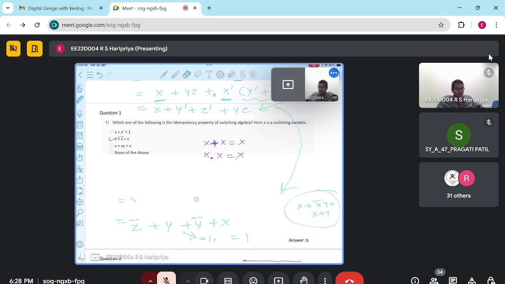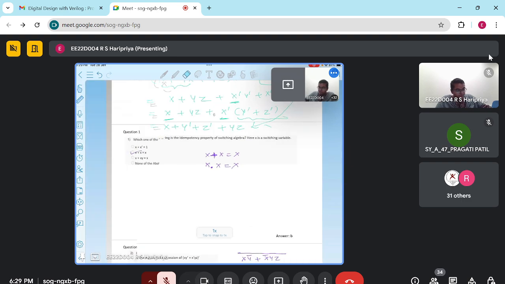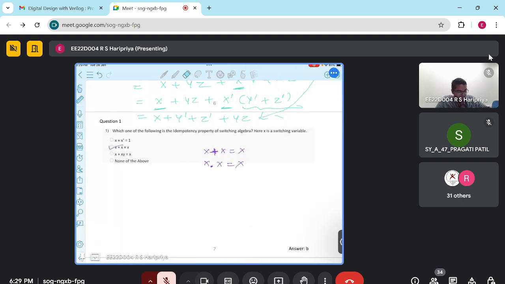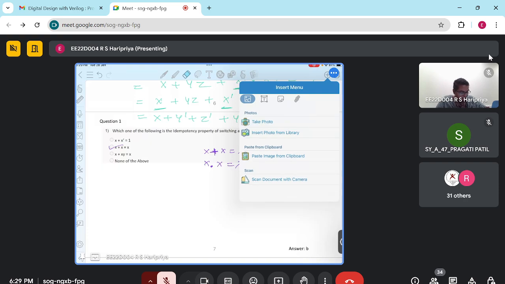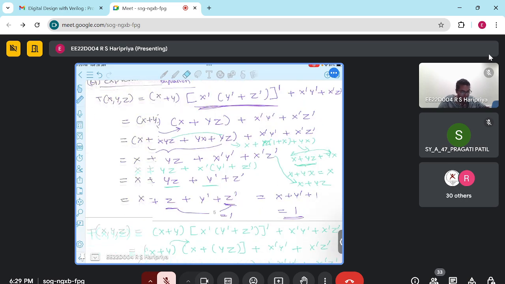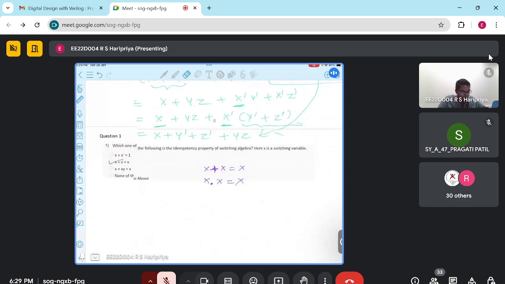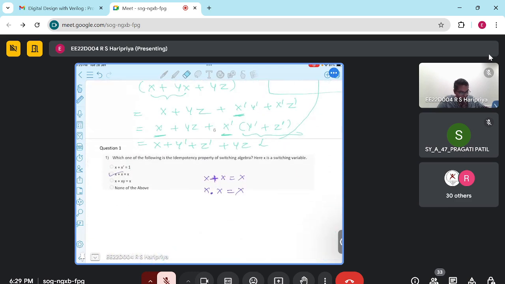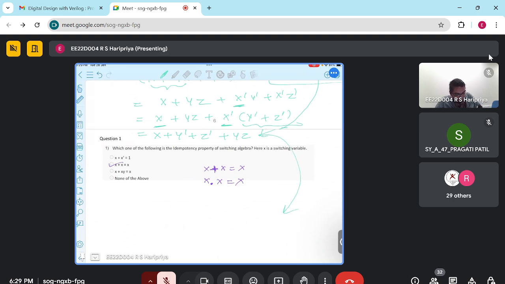So I need some space. I'm just writing this equation here.